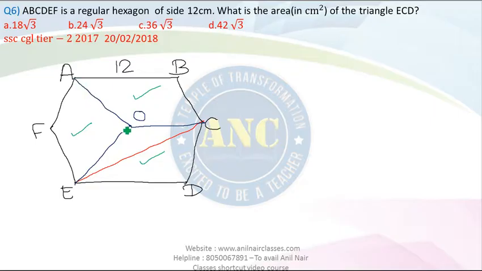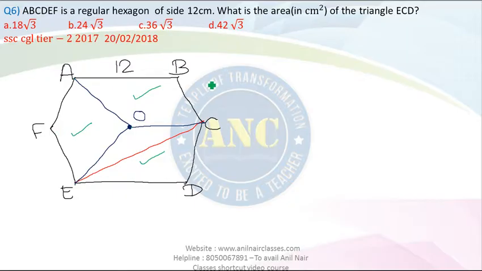First parallelogram is AOCB, second is OCDE, third is EOAF. The area of the regular hexagon is also equal to 3 times the area of a parallelogram, right? I hope you are very clear with the logic, right?